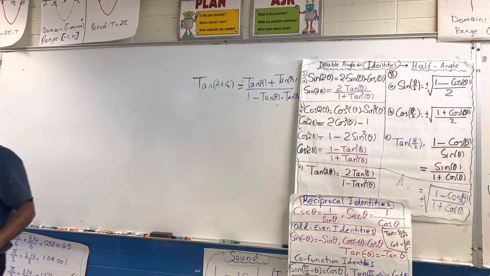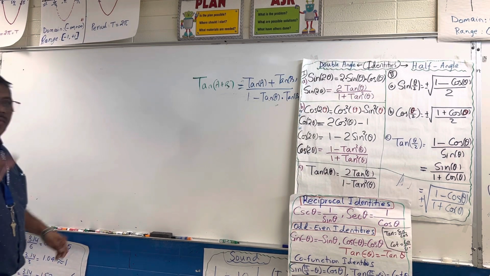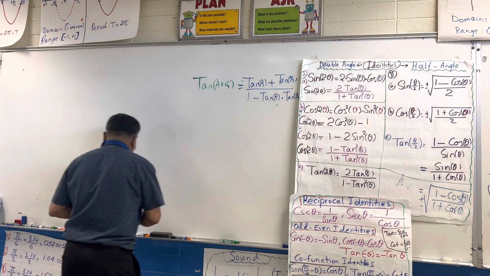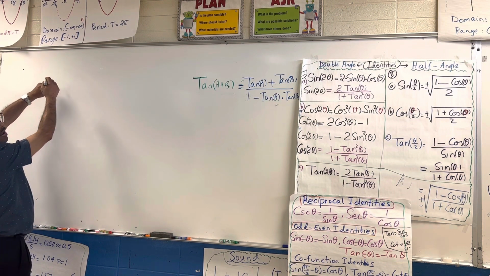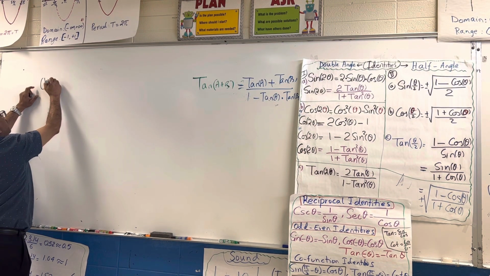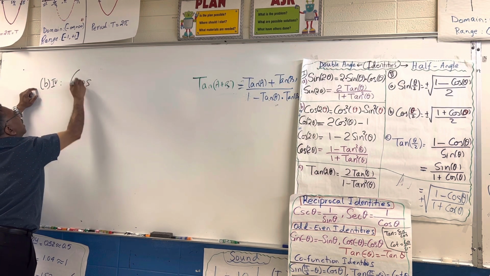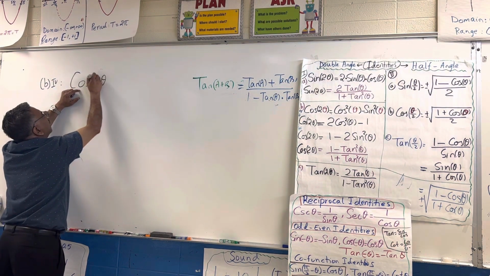Anybody would like to come on the board? I think you did it, you did it. Now Jasmine, you have to come, and next will be Jocelyn, okay Jocelyn? That's it. So that's B, we want to prove B, the fourth one, right? Start with cosine 2 theta.